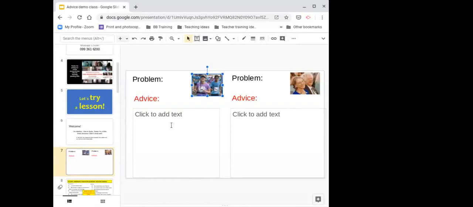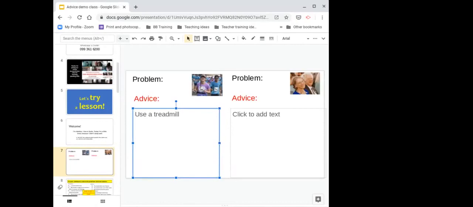Can someone give me some advice, some suggestions for my problem? My problem is I can't run because of the coronavirus situation. So one suggestion, one piece of advice could be use a treadmill. Another idea, tell me or write in the chat box your advice for me. What can I do?